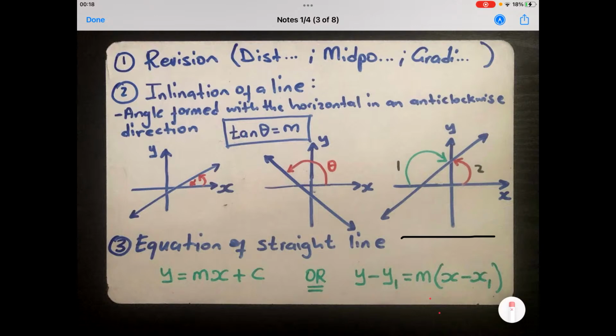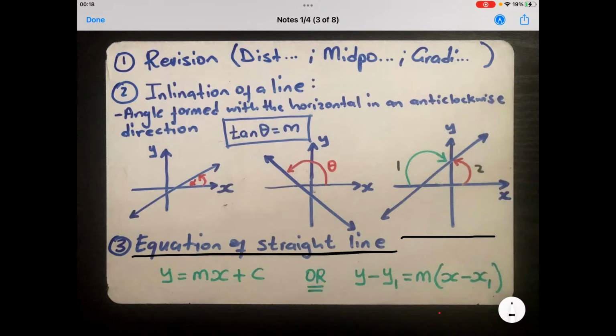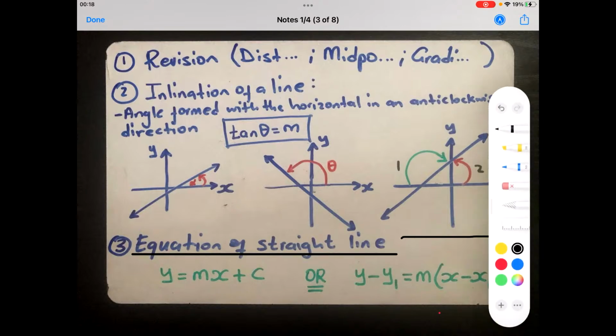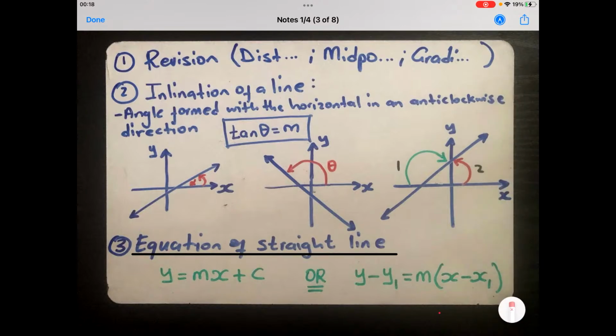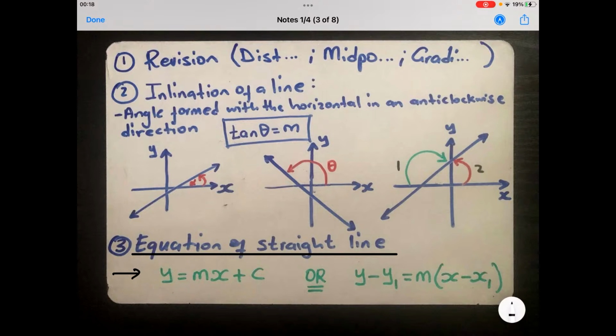So very quickly, let's move on to number 3, which is where I'm going to explain to you how you determine the equation of a straight line. As you can see there, we've got that formula, and there it's another formula.